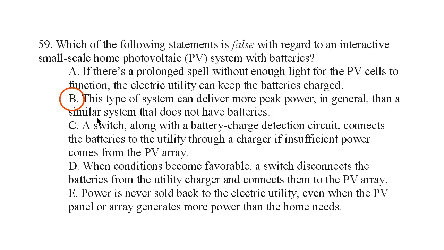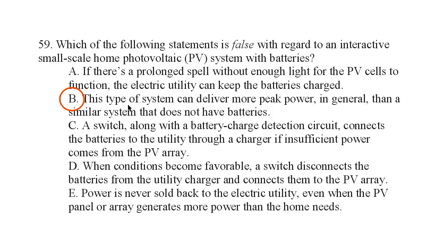In a grid intertie system that does not have batteries, if the solar panels do not provide you with adequate electricity, the utility kicks in. For example, if you switch everything on in your house and your solar panels are providing your power, but it's not enough to run everything at once, a system without batteries would switch over to the utility, and ideally so would a system with batteries.